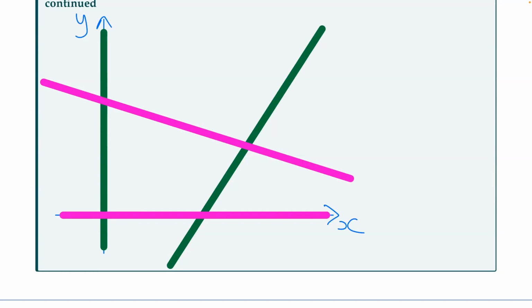So where are my equilibria? It's whenever there's a pink and green line intersecting. So we have 4 equilibria here. And I could jot down at this point what each of those equilibria are. For example, this is 1, 0. This is 0, 1. This is 0, 0. This is 6 over 5, 2 over 5.